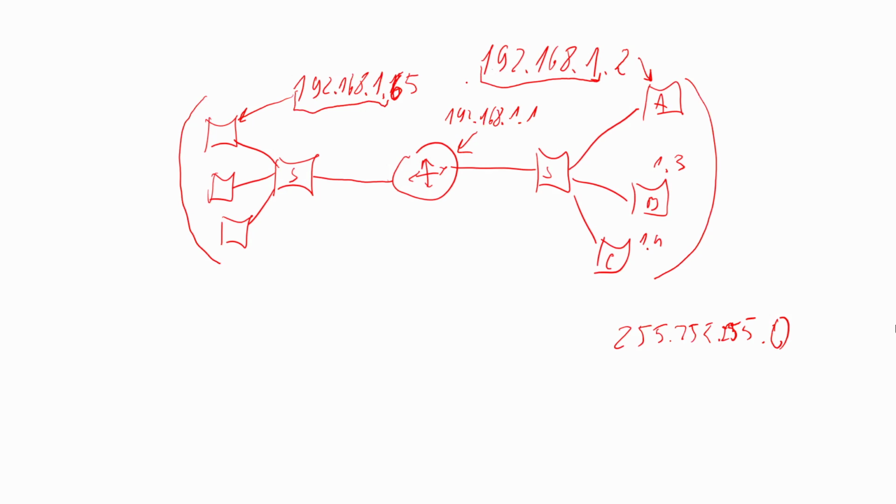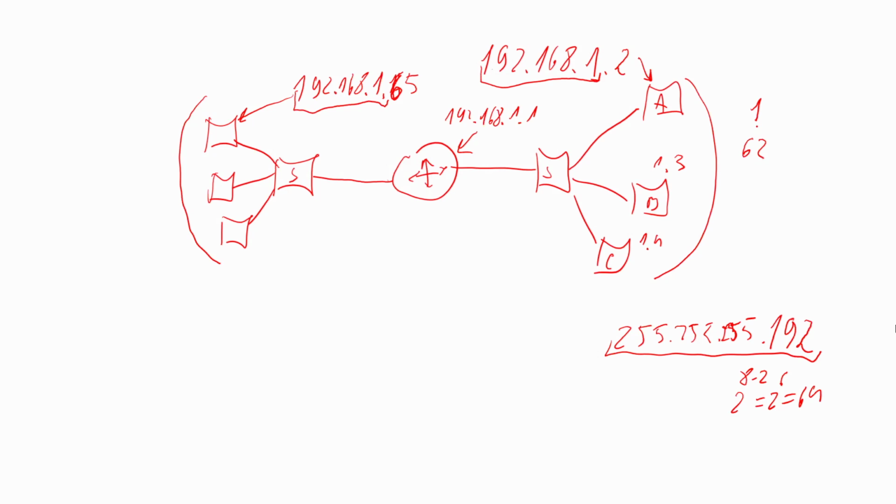For example, if we use subnet mask 192, you remember that we take 2 bits. It means 8 minus 2 bits, we have 2 to the power of 6, which is 64. So if we use this subnet mask, we can give IP addresses in this part from, for example, 1 to 62.